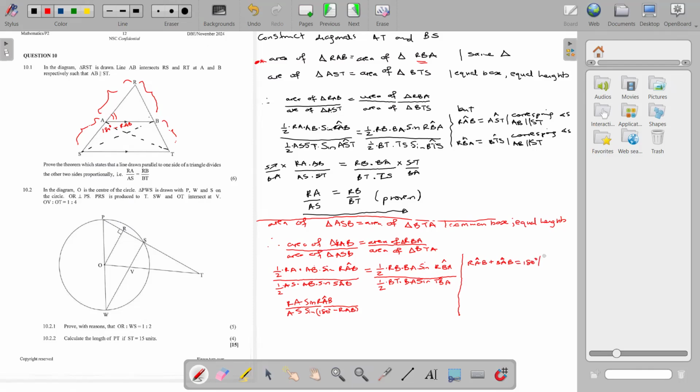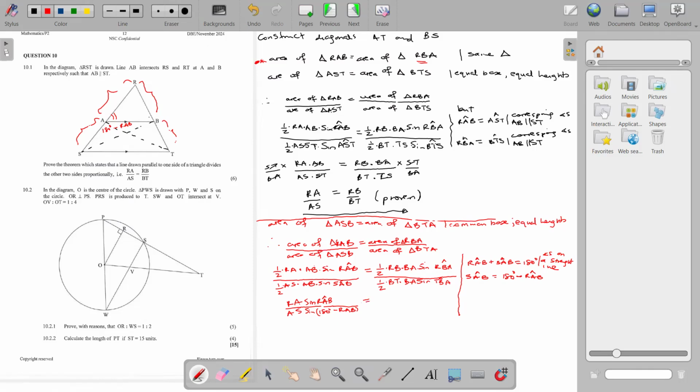The reason: angles on a straight line. Then from there, it would therefore mean the angle SAB is equal to 180 degrees minus angle RAB. This is what we got here.